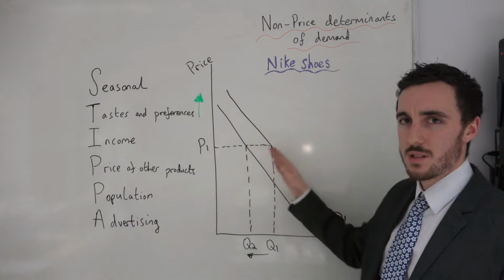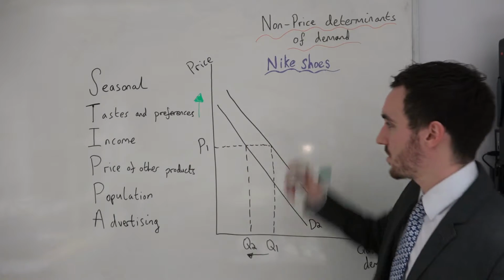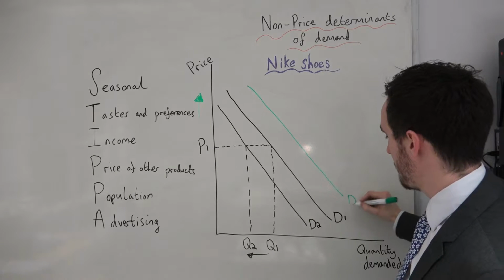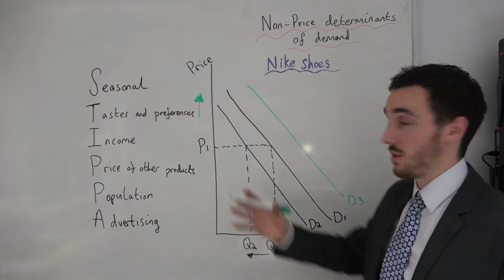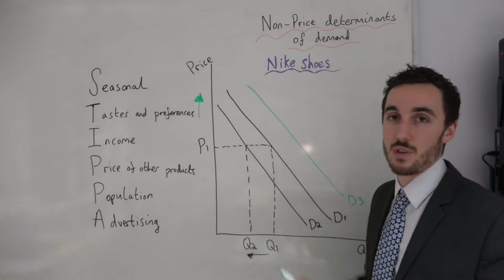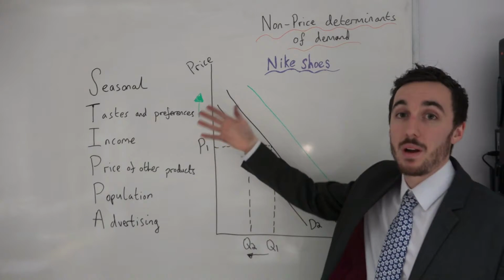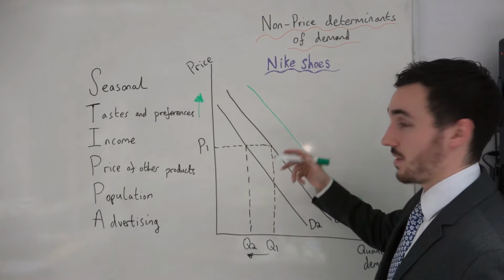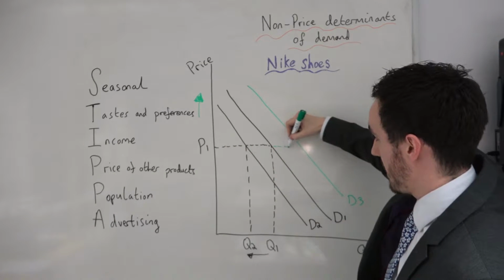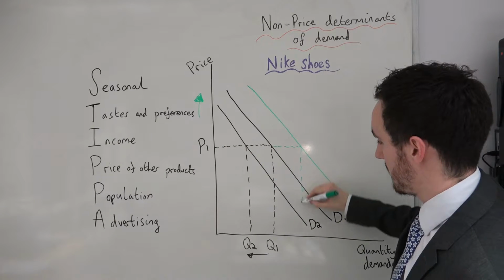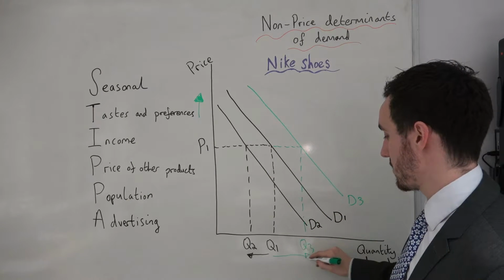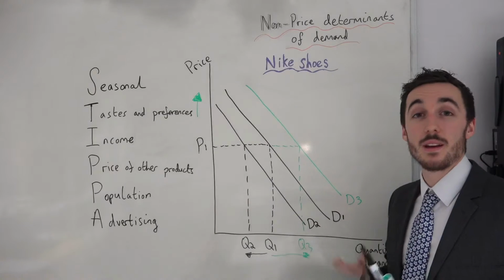At the same price level, because the price hasn't changed, we suddenly have a lot more people wanting to buy Nike shoes because everyone's tastes and preferences have risen. Now there are reasons why that might happen, but we know that at that price level, because the price hasn't changed, there is a lot more quantity demanded for Nike shoes. So that's Q3 from the original of Q1.